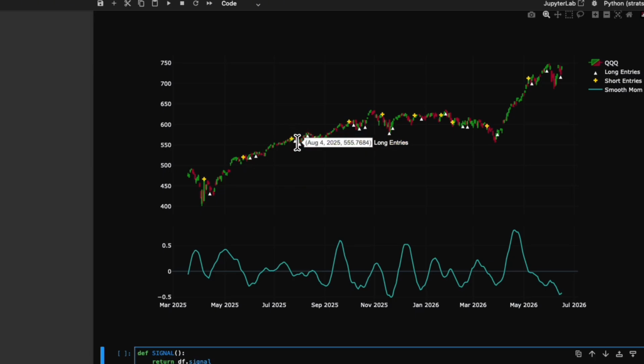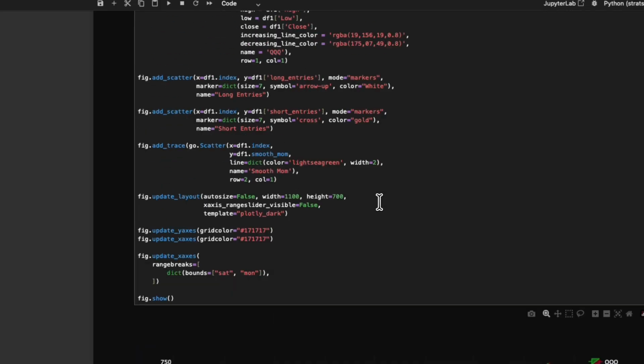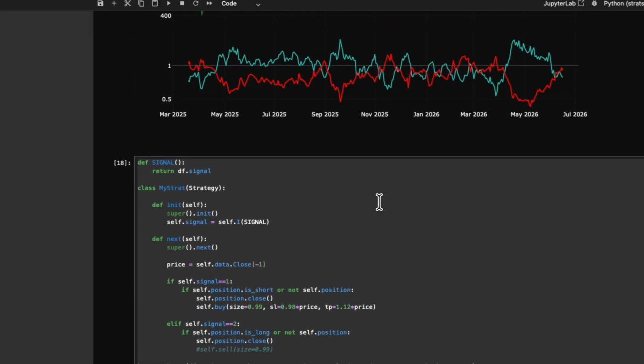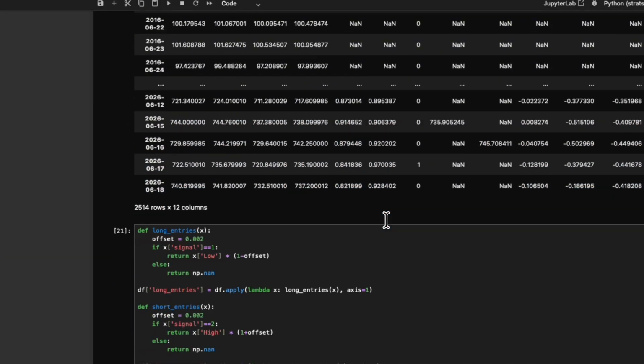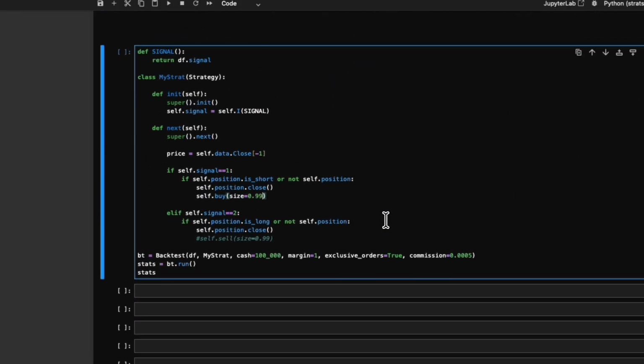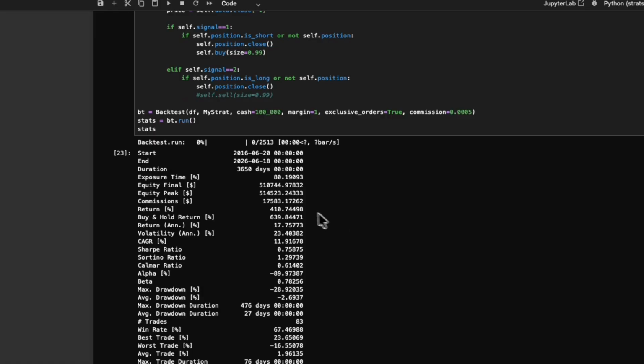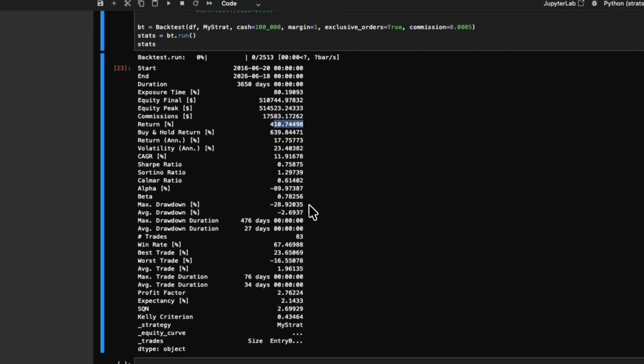Then sell here, buy here, sell here, and so on and so forth. On the old strategy, the first iteration, I suppose that would have been all right, really. But this one, I'm not going to use any kind of profit target or stop loss. Just going to run that again. And you can see you're in the market a bit less, but you make more money, 410%, and your drawdown's a bit higher.